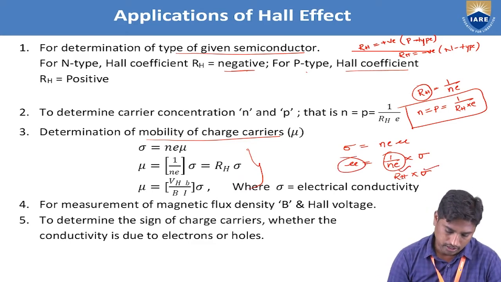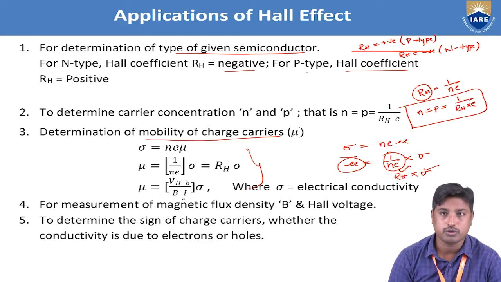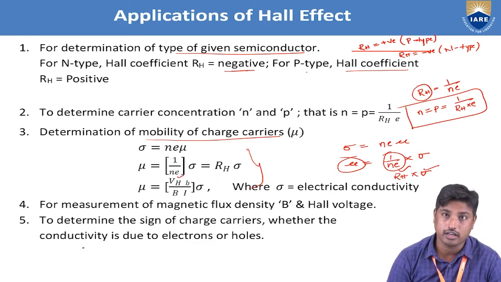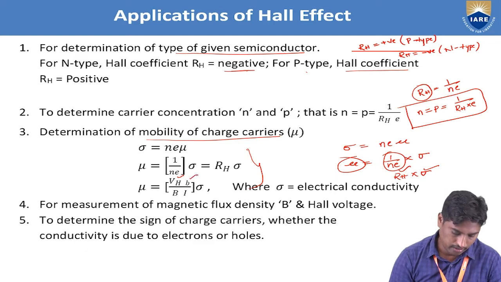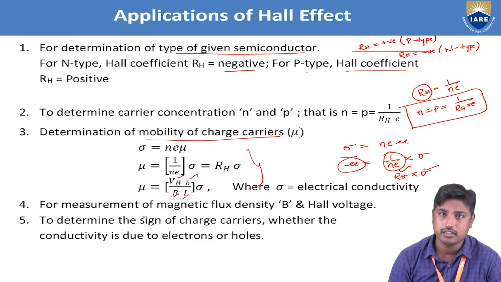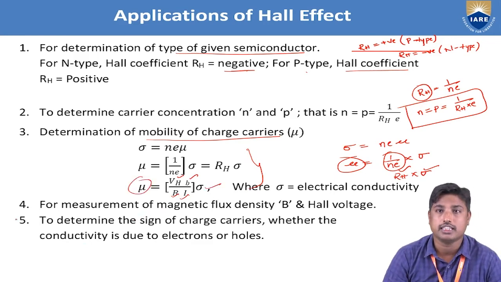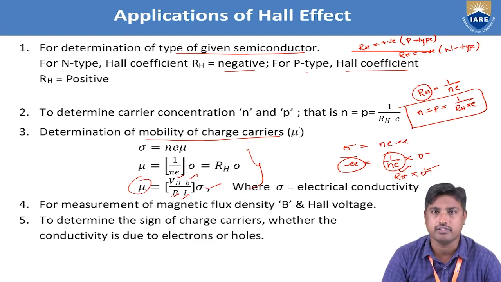So by substituting RH equals VH into B by B into I, when we know the Hall voltage and breadth of the sample and applied magnetic field and flow of charge, using this relation we can find out the mobility of the charge carriers. And that is the third application of Hall effect.